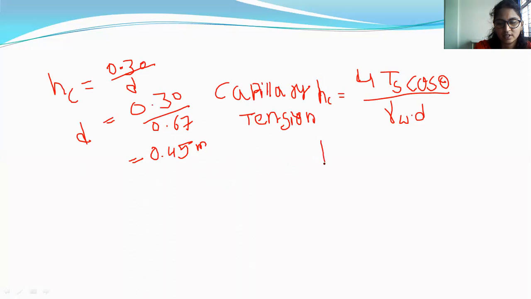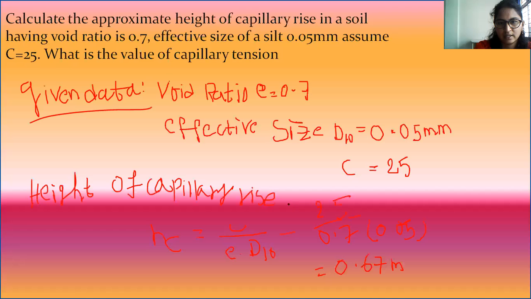So h suffix c is equal to 4 T cos theta by gamma w into d. We are calculating capillary tension.